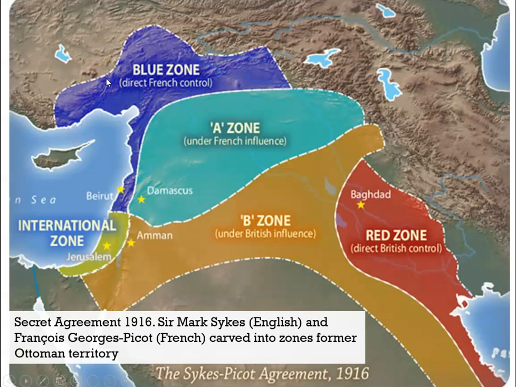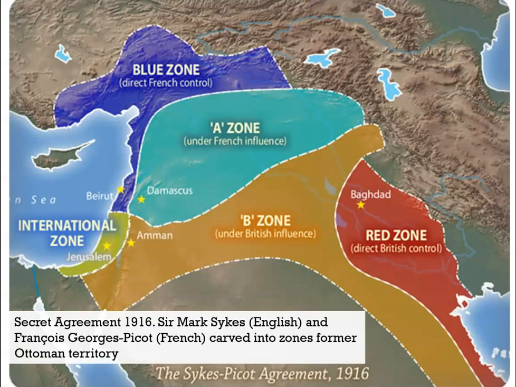When it becomes clear that after World War I, the Ottoman Empire would disintegrate, there was a plan, a secret agreement. This agreement was to divide up Ottoman territory in Syria, Lebanon, Palestine, Iraq, what would be Kuwait and some of the Gulf states as well.